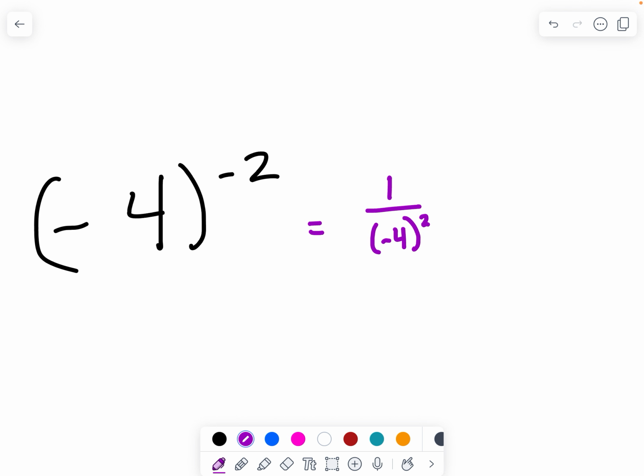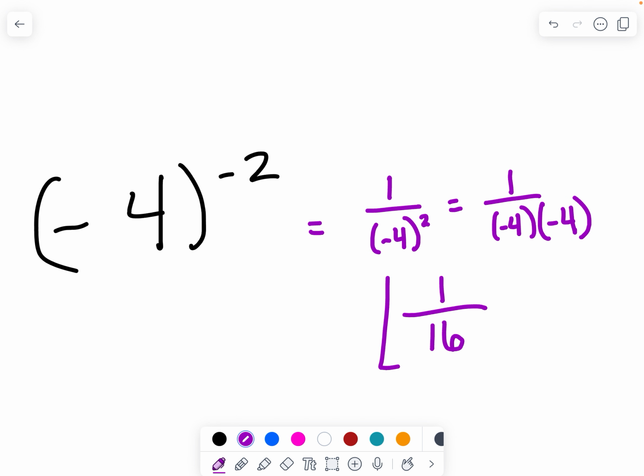Now, that's the same thing as 1 over -4 times -4, which is a positive 16. Because negative times negative equals positive. This one's tricky.